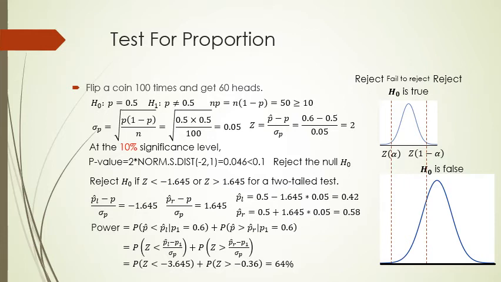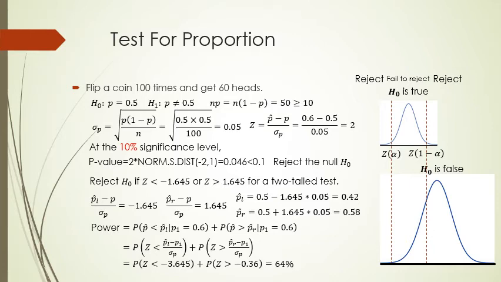Thus, we have two critical sample proportions: the maximum sample proportion in the left tail and the minimum sample proportion in the right tail. The left critical sample proportion is determined by a z-score of minus 1.645, and the right critical sample proportion is related to the z-score of 1.645.